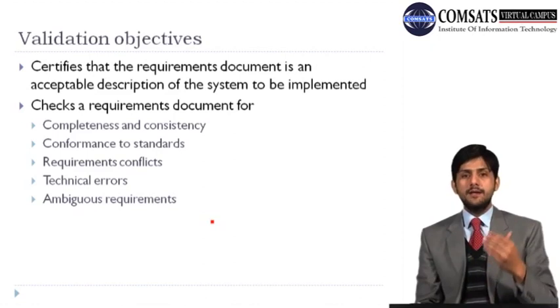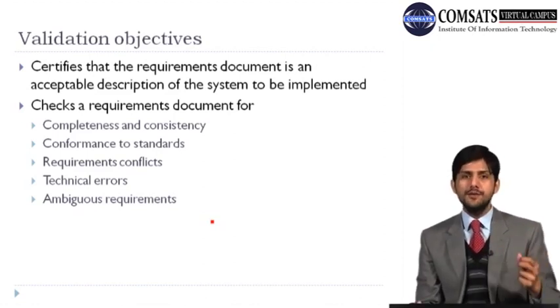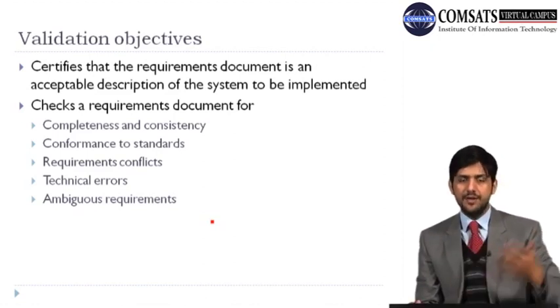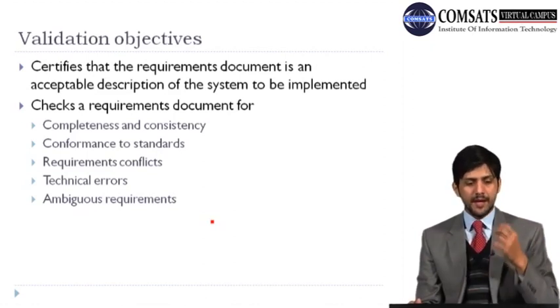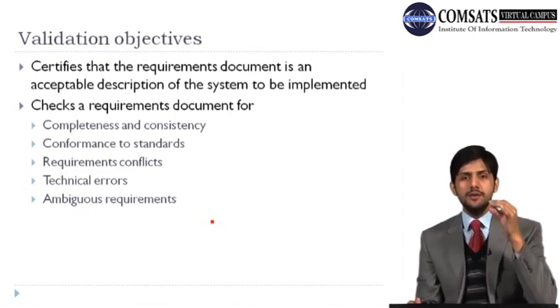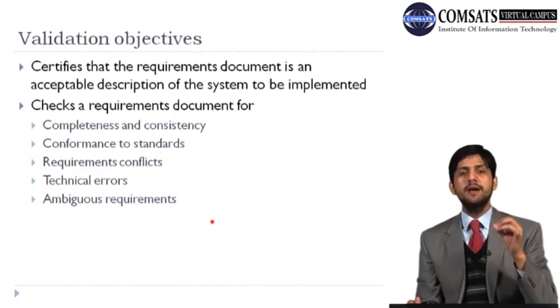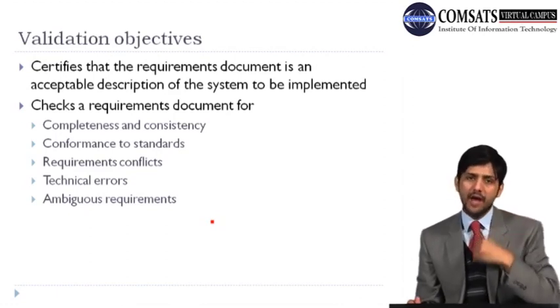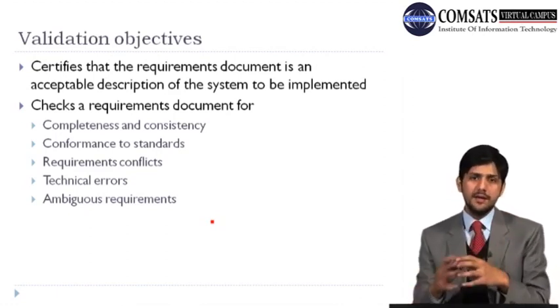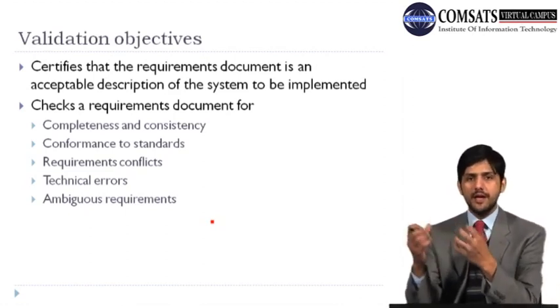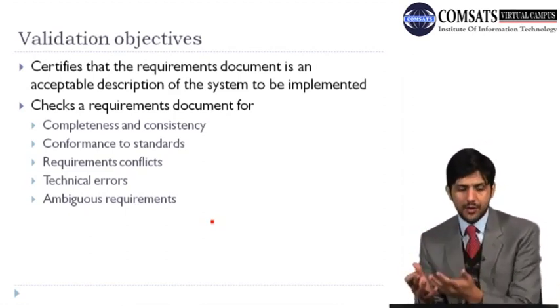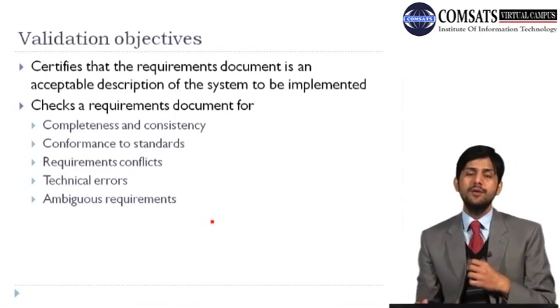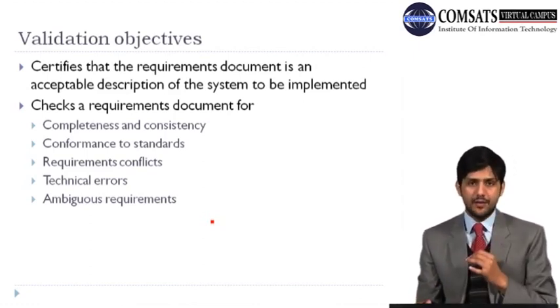And similarly, as I mentioned repeatedly during these lectures, at times the client can also put certain constraints, and the client might have their own standards which you have to follow. So it can vary. It can be either your standards or the client may constrain the way you produce certain work products. And then you will also try to identify whether there are any conflicts in the requirements.